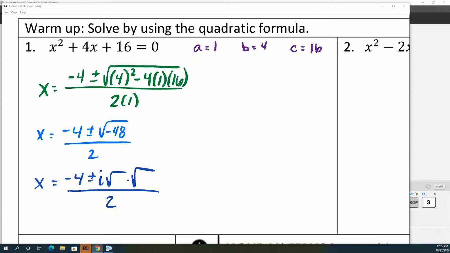The largest square that's going to divide into 48 is 16. 48 is 16 times 3. Okay. And then we're going to find the square root of 16, which is 4.